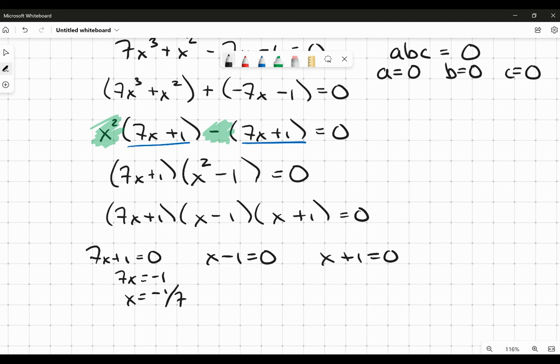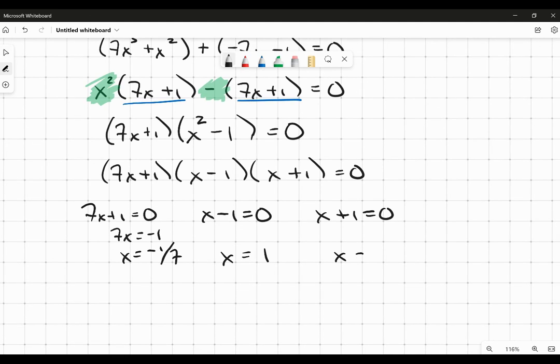So that's one solution. I could bring that negative 1 over, it becomes positive 1, or I could bring that positive 1 over, and it becomes negative 1. So any of these 3 values, negative 1/7, 1, and negative 1, will be a solution to that initial equation that we were looking at.